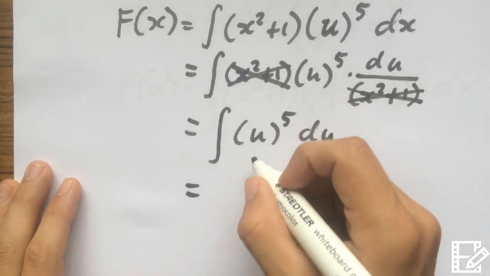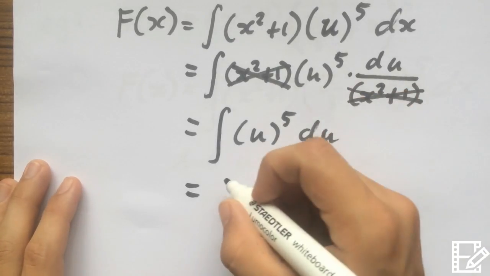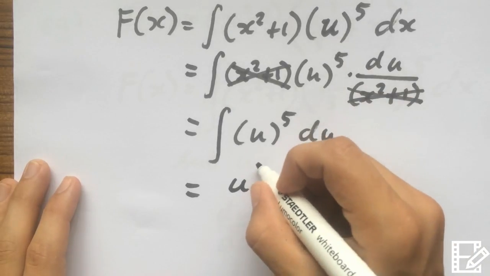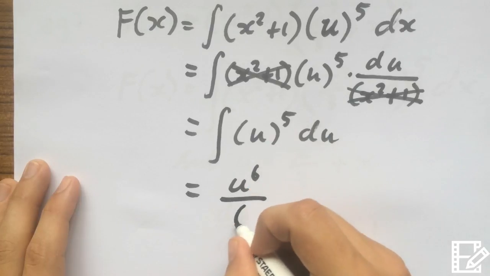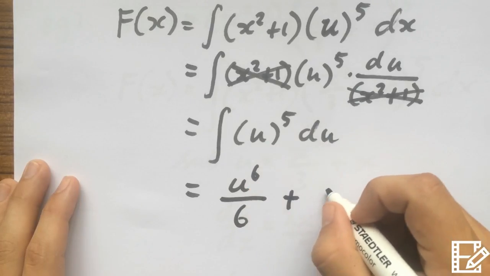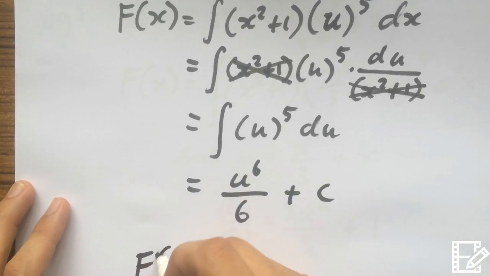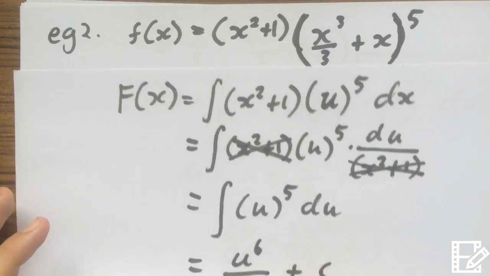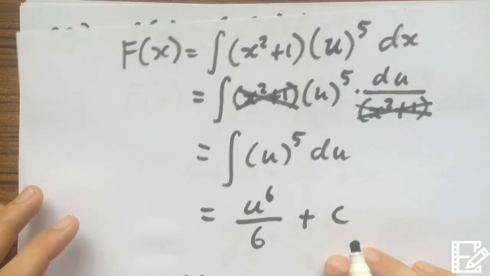Okay, we know that when we're doing this, this is the power rule. We're going to use the power rule to solve it. So we have u, we add 1 to the power, 5 plus 1, 6, divided by the new power, divided by 6, plus c. Now I'm going to finish this off by writing the capital F equals, sub in u, we said u was x to the power of 3 over 3 plus x, and that's what we're going to write here.